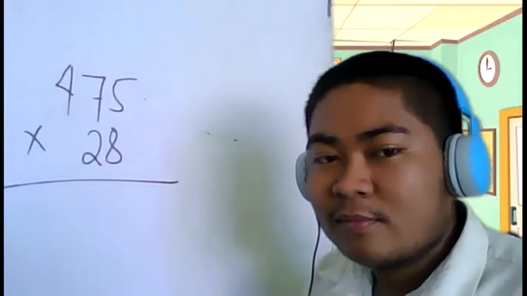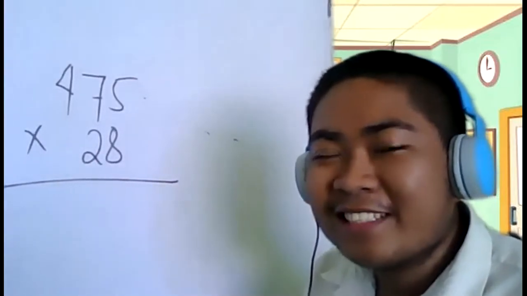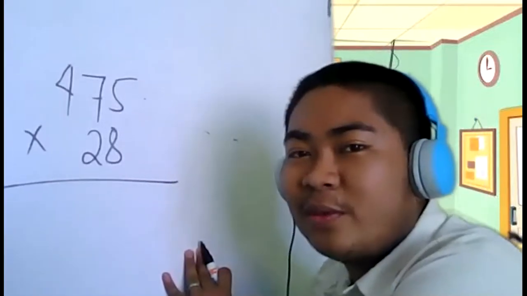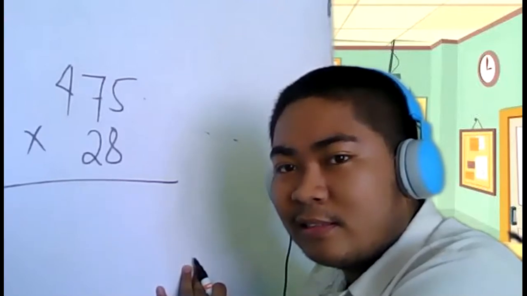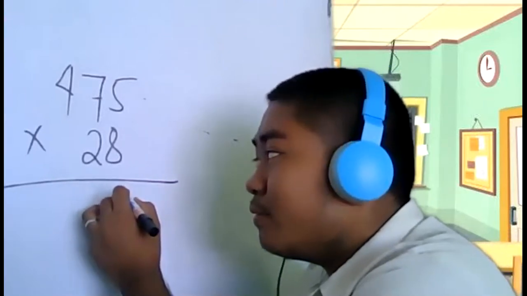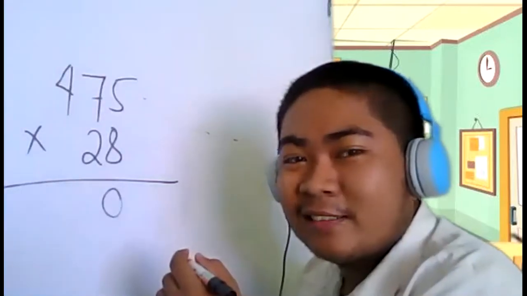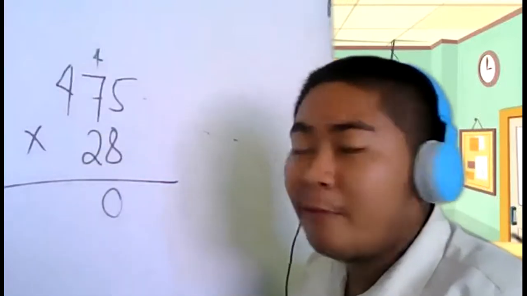It's 40. That is 40. So saan natin isusulat yung 0 or yung ones? At the top of the 7. So the tens digit would be at the top of 7.